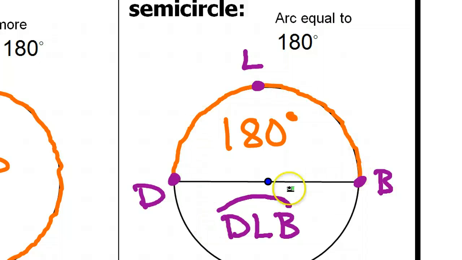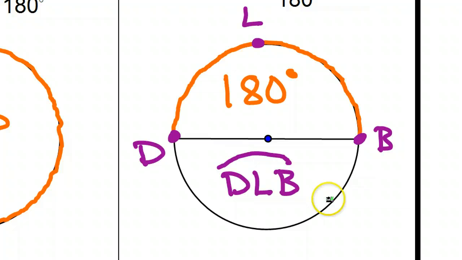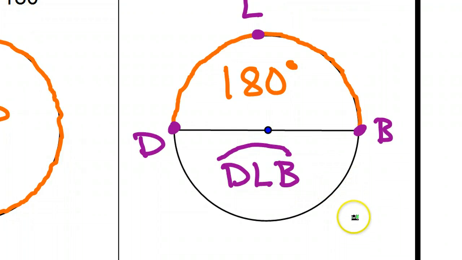It takes 3 letters to name a semicircle as well. Otherwise, if I just said, everybody, look at arc DB, you wouldn't know if I meant to go around the top or around the bottom. So I have to say DLB so everybody knows to look at the top.